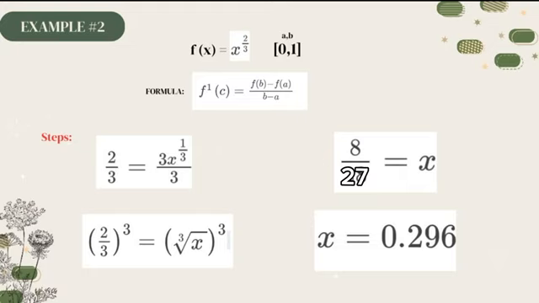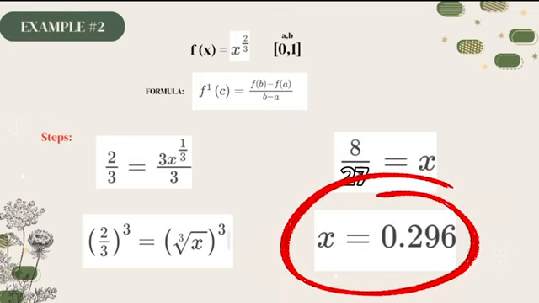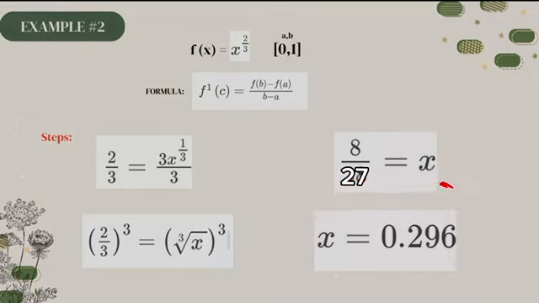And if tatanungin nyo paano nakuha yung 8, it is 2 times 2 times 2. And yung sa 27 naman is 3 times 3 times 3. And if i-decimal siya, the result will be 0.296. And therefore, that is the value that satisfies the mean value.